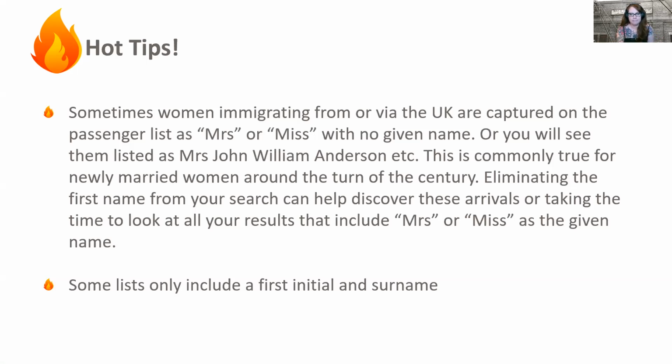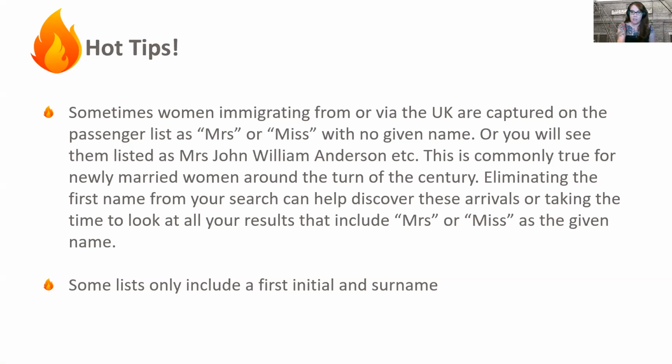But I also see women traveling with children and they're listed as Mrs. So-and-so. So you can put as many nicknames or variants on Mary or Margaret in your search parameters, and it's not going to come up because it's going to be transcribed as Mrs. or Miss. So keep that in mind.